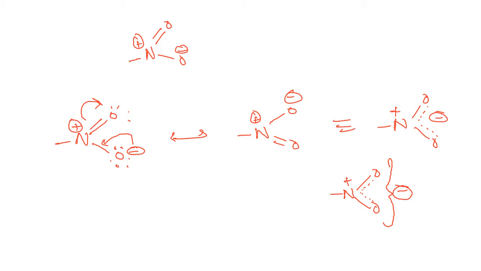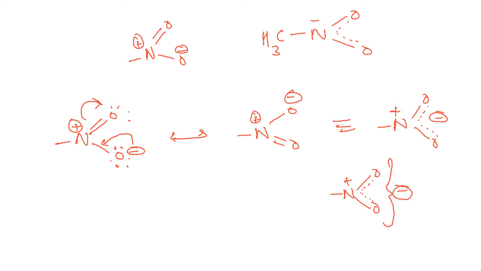The NO bond length is same. So the NO bond length is 121 picometer in nitromethane. See, if we have nitromethane like this, we can represent it in this way.